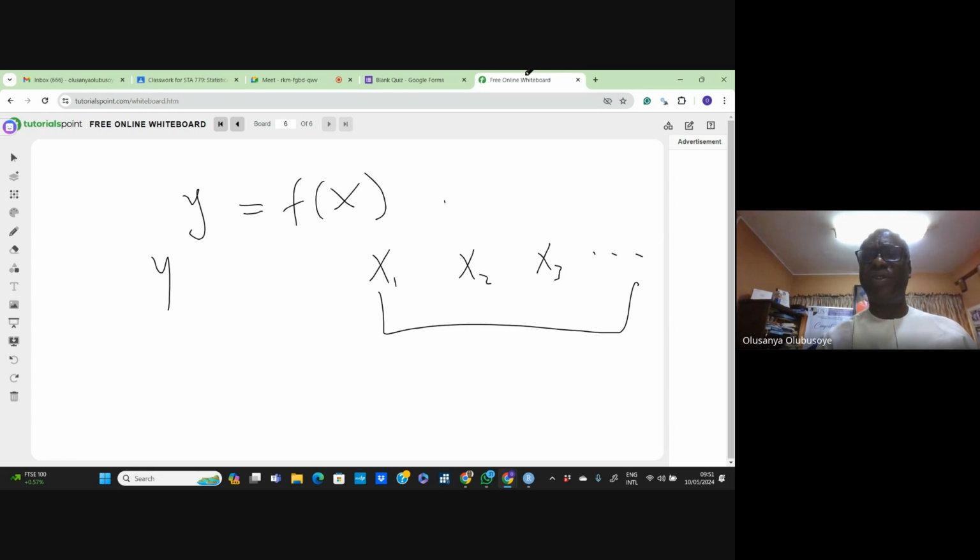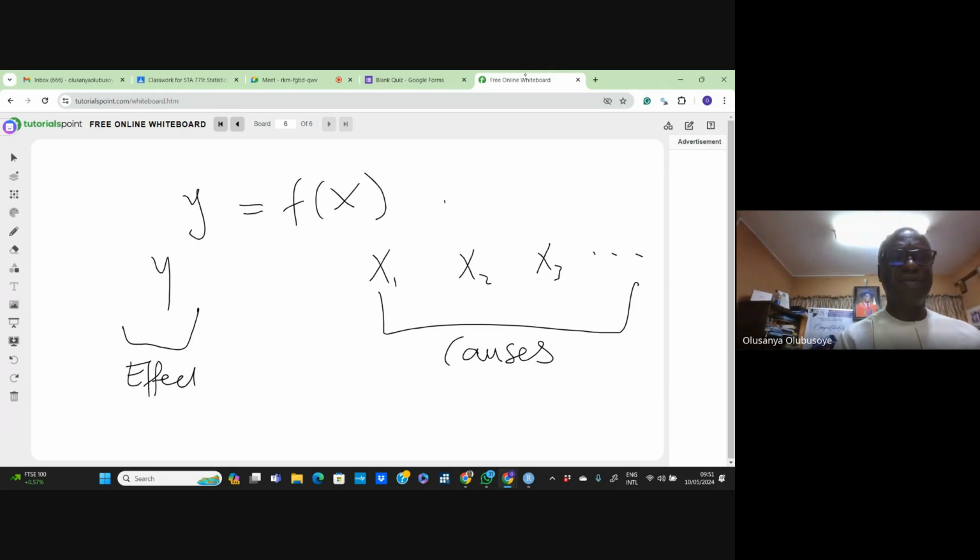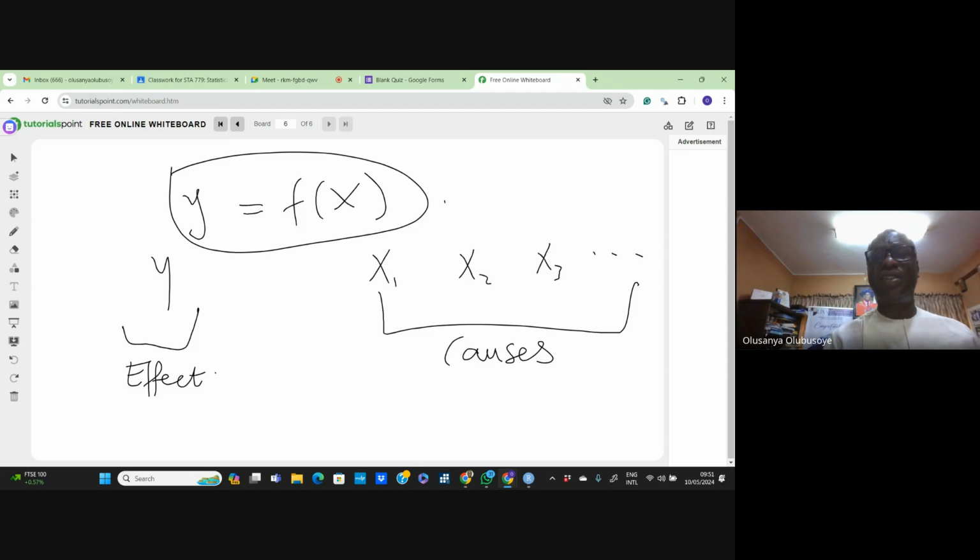These are the causes, and this is the effect. So in a linear relationship, we can only talk about a cause-effect relationship.